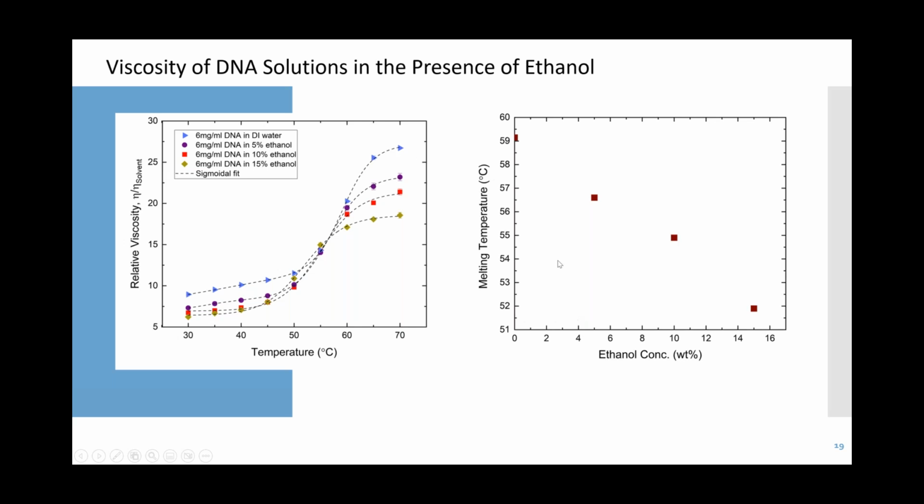Unlike the spermine samples, here with increasing concentration of ethanol, the melting temperature decreases and shifts to lower temperatures. For example, for the sample without ethanol, it is around 59 degrees C. However, for the sample in 15% ethanol, the melting temperature drops to around 52 degrees C.